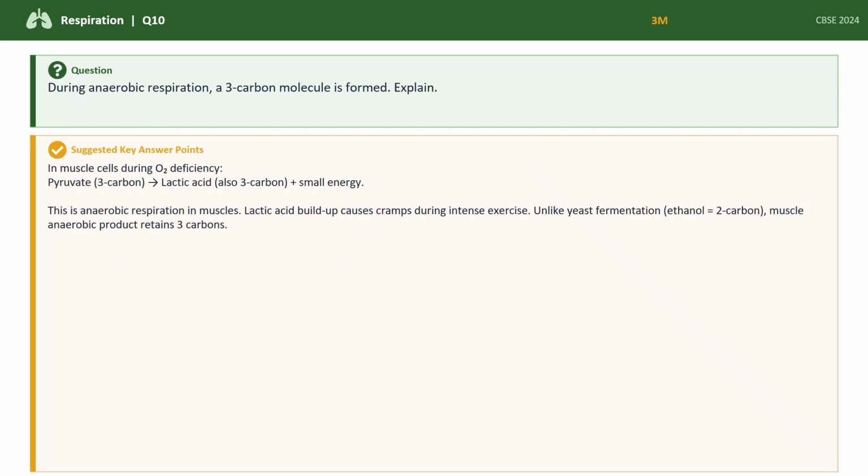During anaerobic respiration, a 3-carbon molecule is formed. Explain. It's a 3-mark question and it came in the board exam in 2024. What is the 3-carbon molecule here? In muscle cells during oxygen deficiency, pyruvate is a 3-carbon molecule, and lactic acid is also a 3-carbon molecule, and some energy is released.